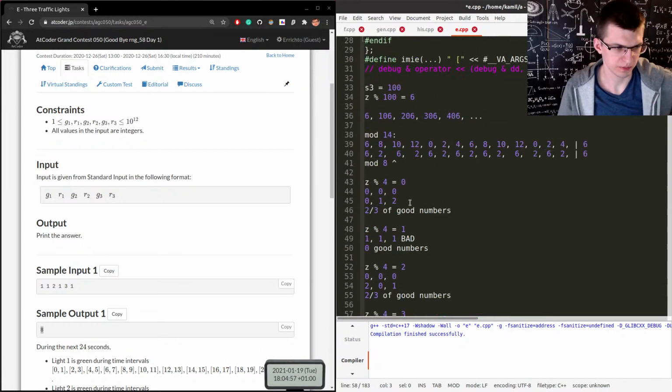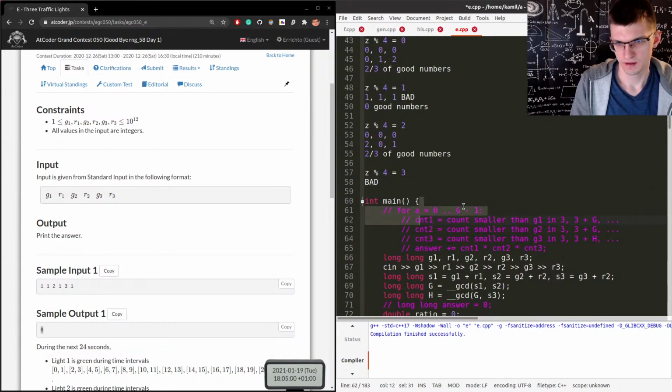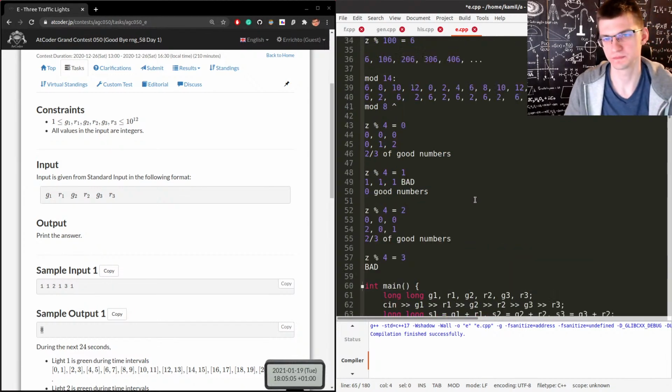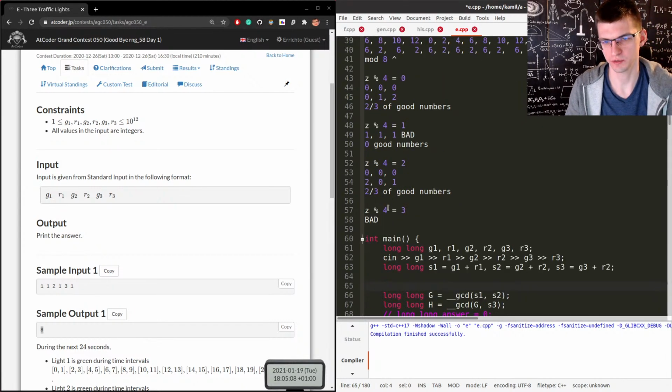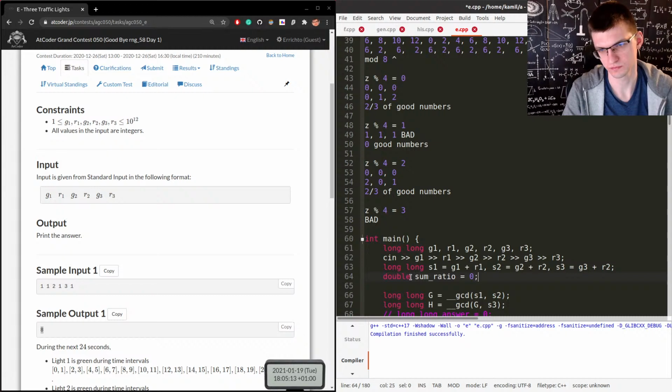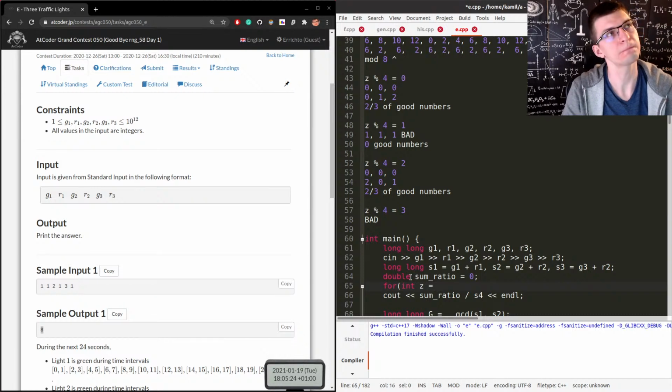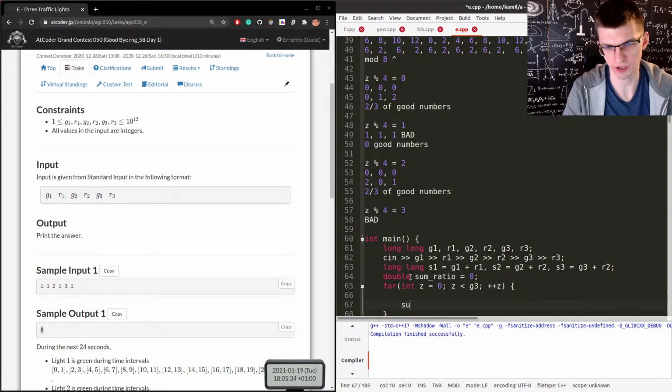So let's try to implement this. For every possible remainder modulo the last thing, green 3, we will compute some ratio and then do this.